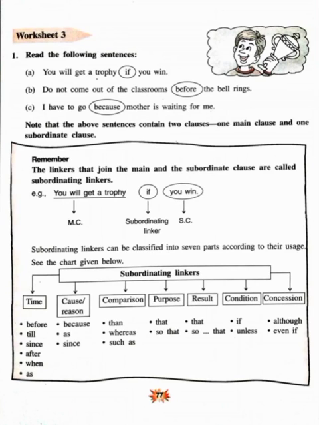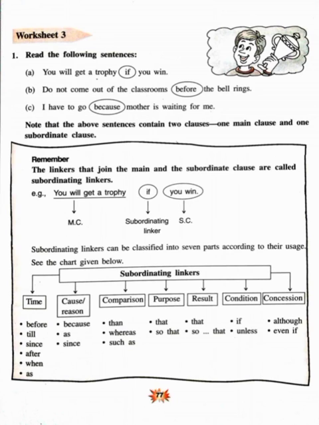Now next is the linker that joins the main clause and subordinate clause. They are called subordinating linkers. For example, you will get a trophy if you win. In this sentence, you will get a trophy is our main clause, you win is our subordinate clause, and if is our subordinating linker.